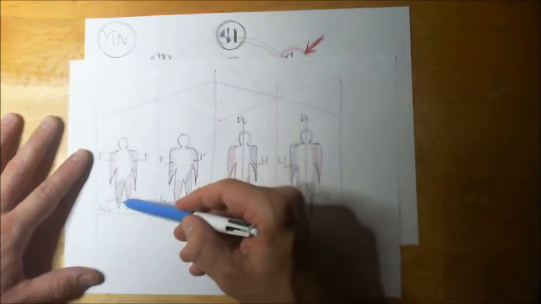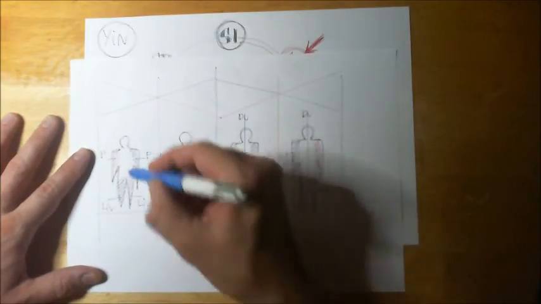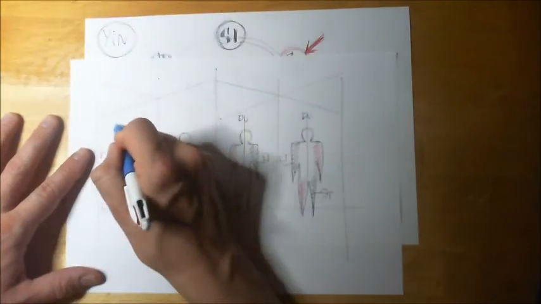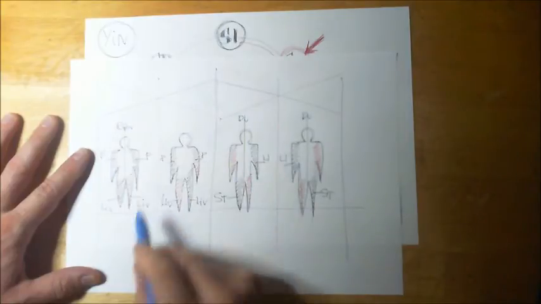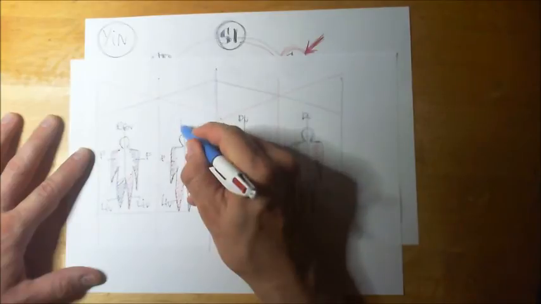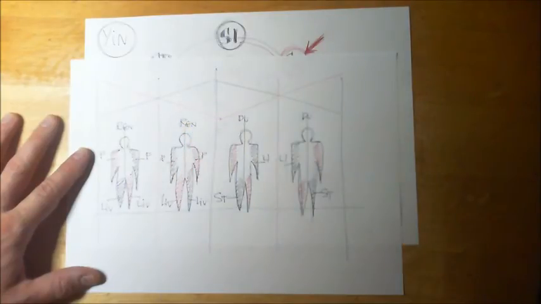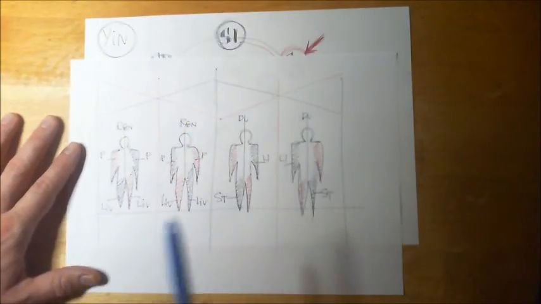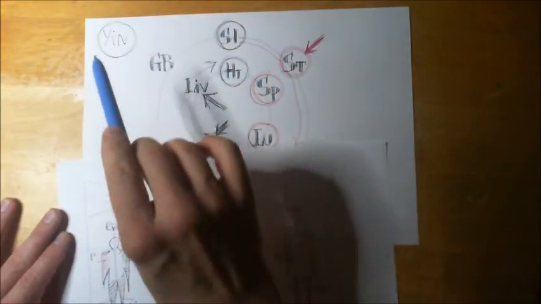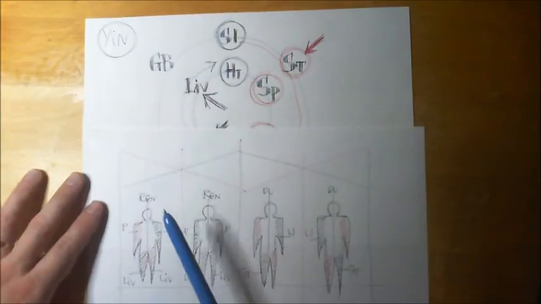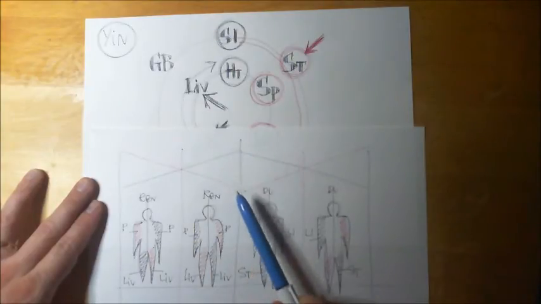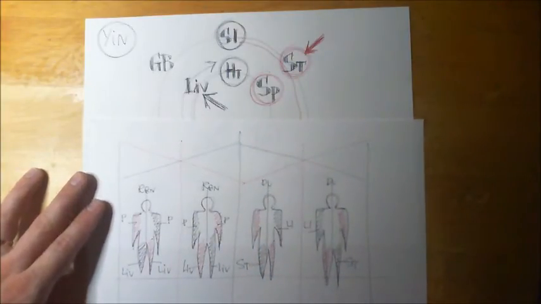If we use only one side, liver and pericardium, then we will use the Ren meridian, the central front meridian. So this is how we were treating the patient during the yin victory, during the yin 28 minutes period and the yang 28 minutes period.